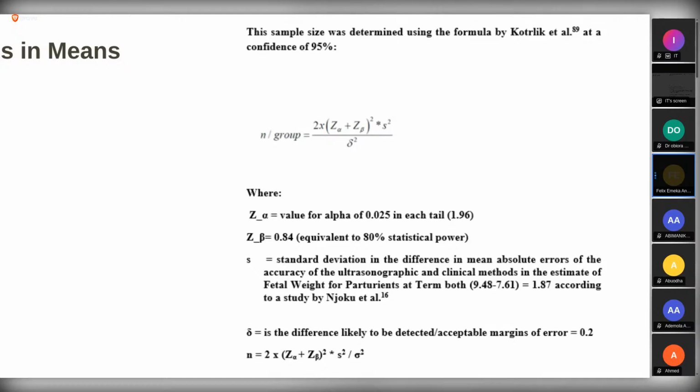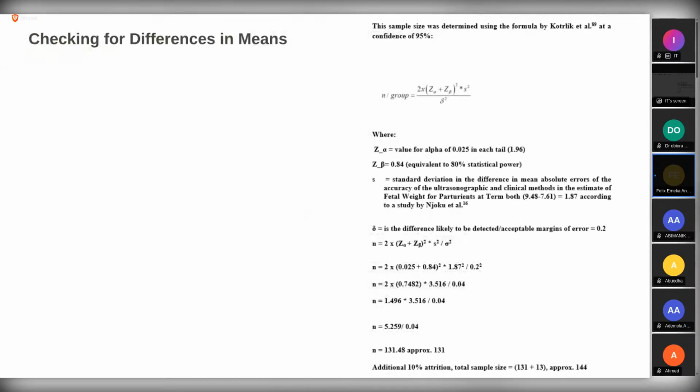You will not be able to see standard deviation if you don't find the mean. So if you're doing a study where you're checking for differences in mean, what the formula requires is differences in standard deviation, not differences in mean. So you look for a previous study, and wherever you have the mean, you will have the standard deviation at the side.